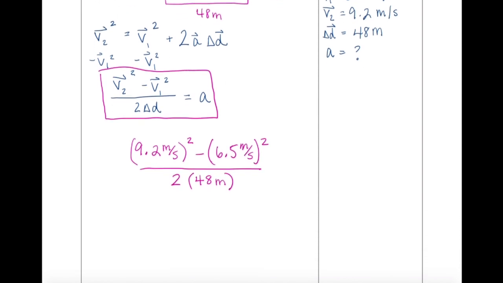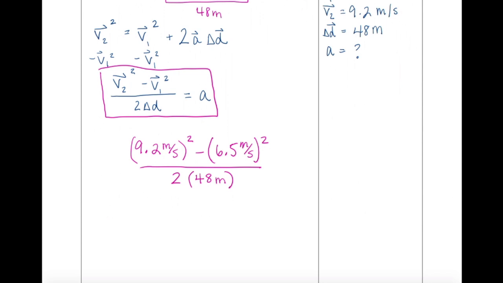Okay, and so whenever we solve, we should get that a, or acceleration, is 0.4416 meters per second squared. Okay, and it is in the direction of west.